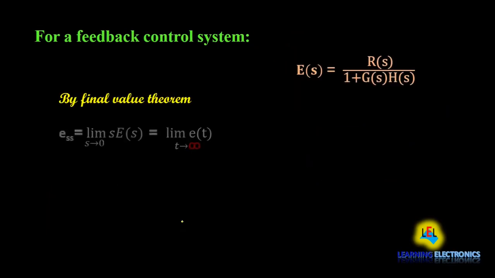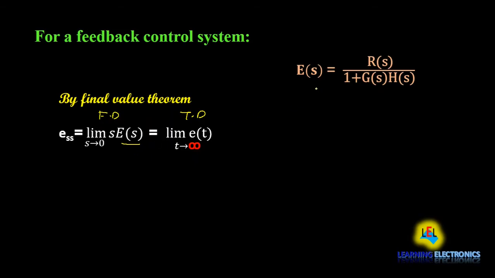Now, by the final value theorem, the steady state error, represented by e_ss, will be equal to limit s tends to 0 of s into E(s). This E(s) is the error signal, and this equation is in the frequency domain. When we write it in the time domain, we get e_ss is equal to limit t tends to infinity of e(t), where E(s) is the Laplace transform of e(t).